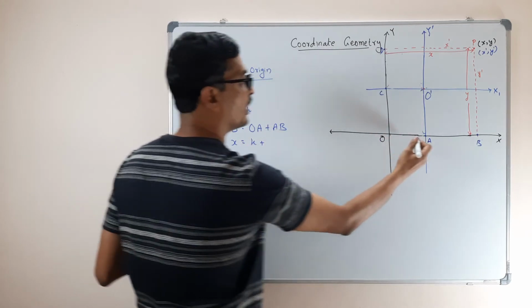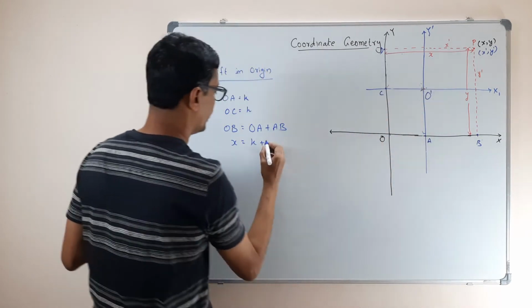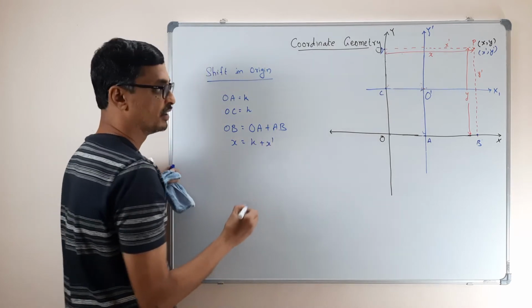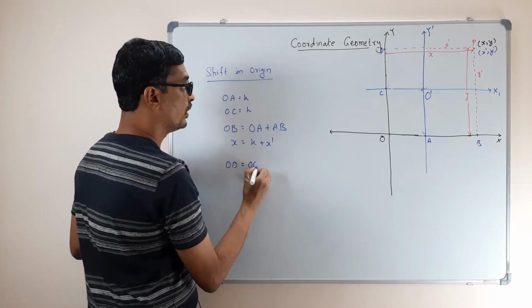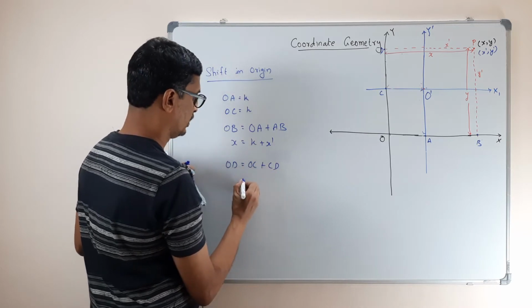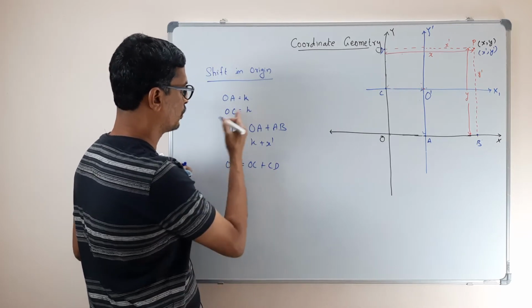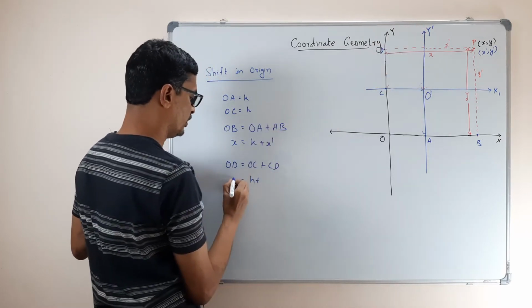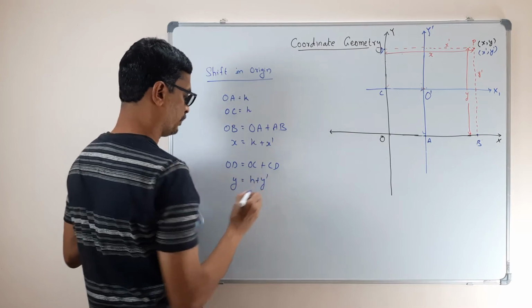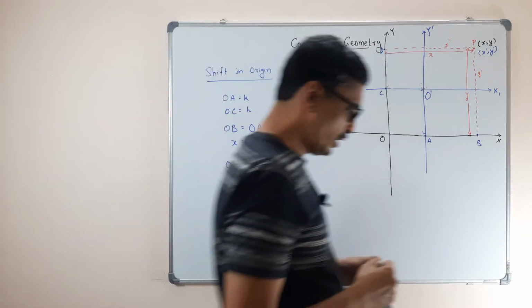AB is this friend's measurement, X prime. So we got one measurement. Similarly, OD equals OC plus CD. What is OC? OC is H and CD is your friend's Y measurement, right? This is your Y prime.